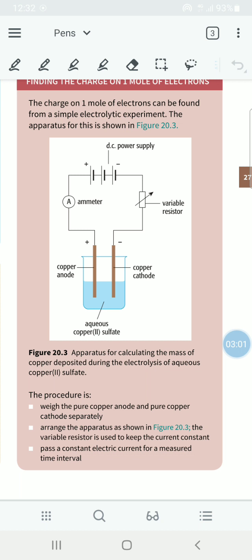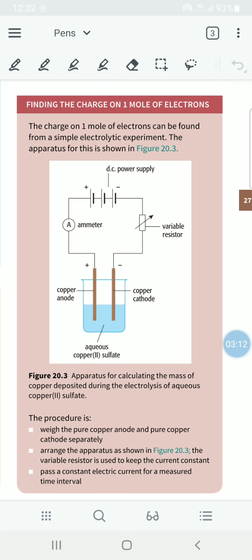There are a lot of practicals carried out on YouTube, so check out some of the videos there. For example, search for finding the charge of one mole of electrons, and there will be a lot of videos. Just watch a few of them when you are free, so you have a better idea of how to answer these questions.